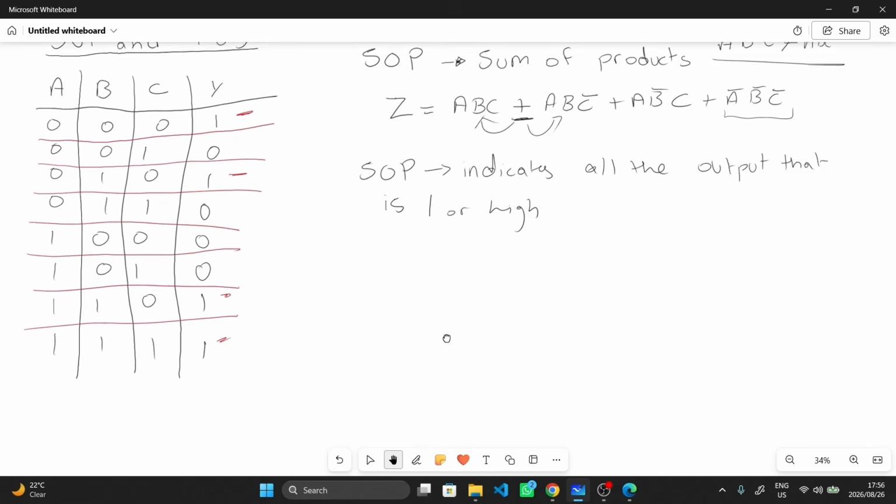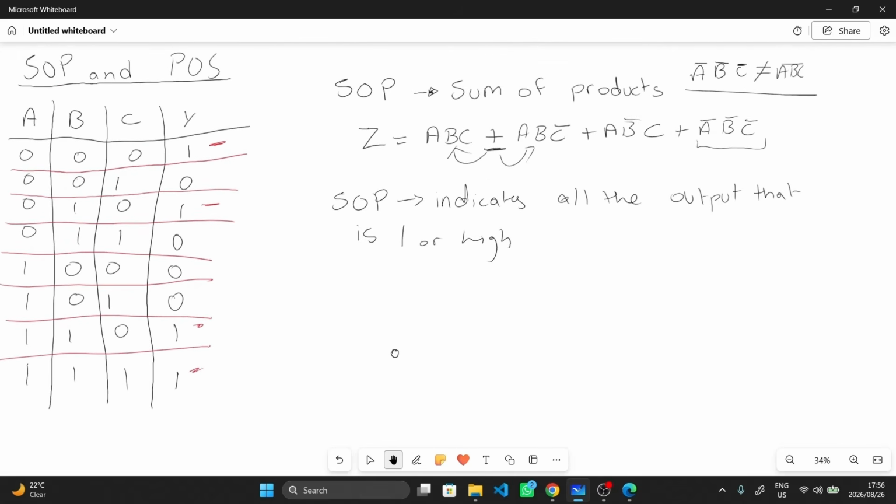Secondly, in SOP, if we take a variable A, then A is 1, and A complement is 0. Similarly, B is 1 and B complement is 0.